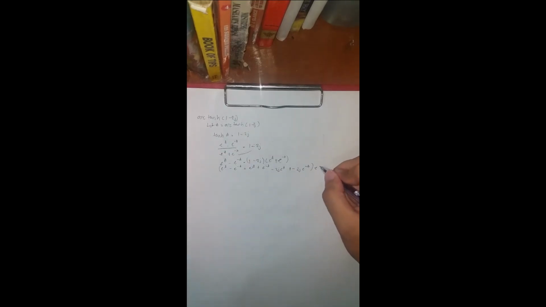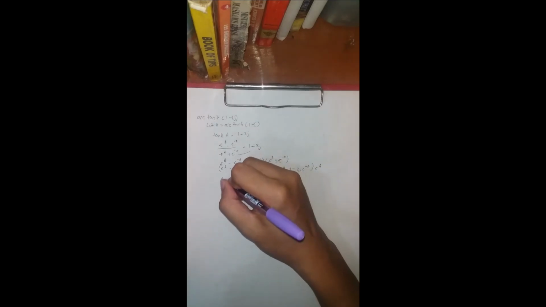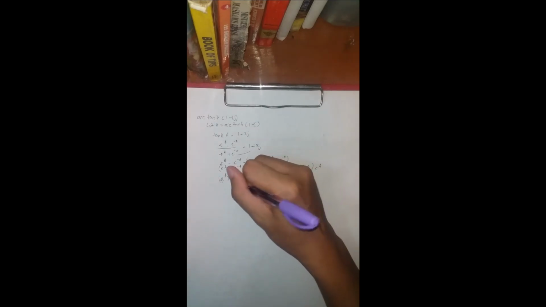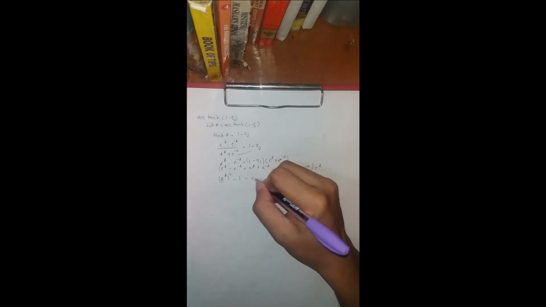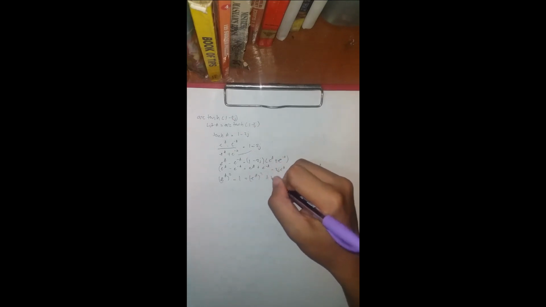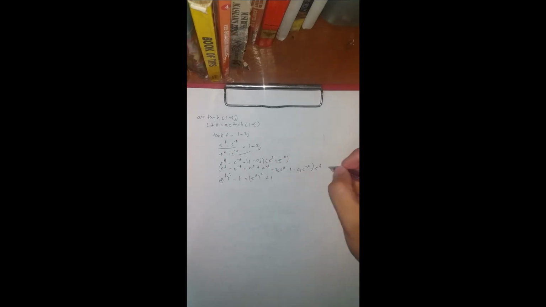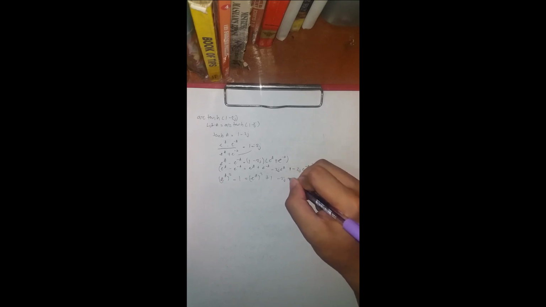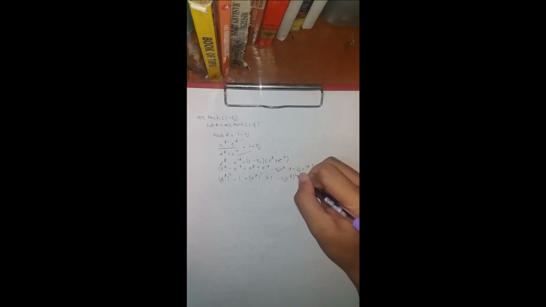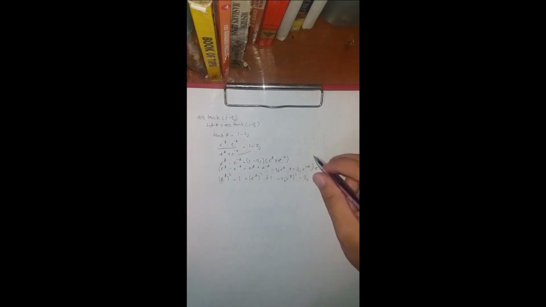Multiply this by e raised to a on both sides, so e raised to a squared minus 1 equals e raised to a squared plus 1, and we have here minus 2j e raised to a squared plus 2j. Then we transfer all the terms with e raised to a squared to the other side.